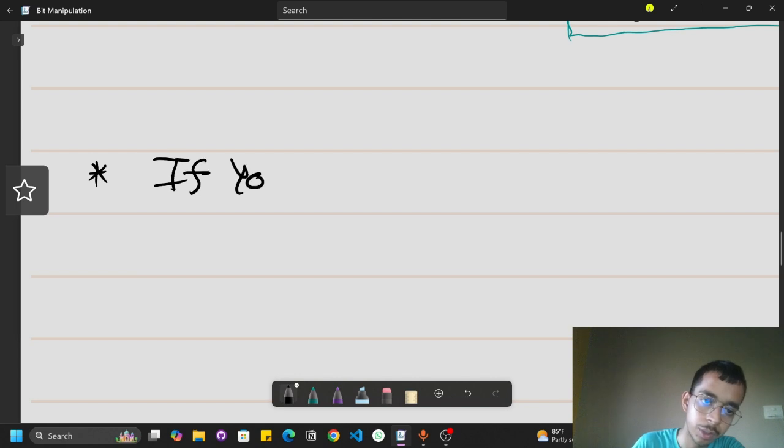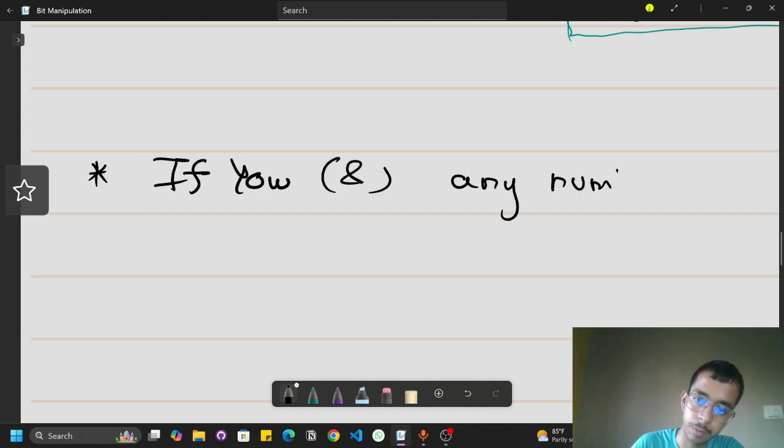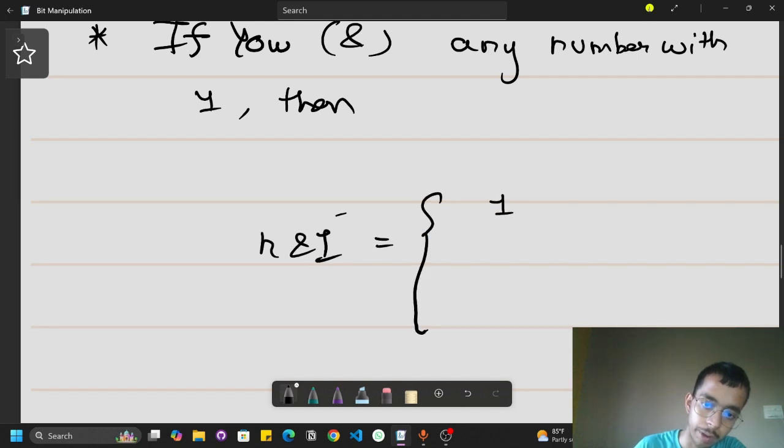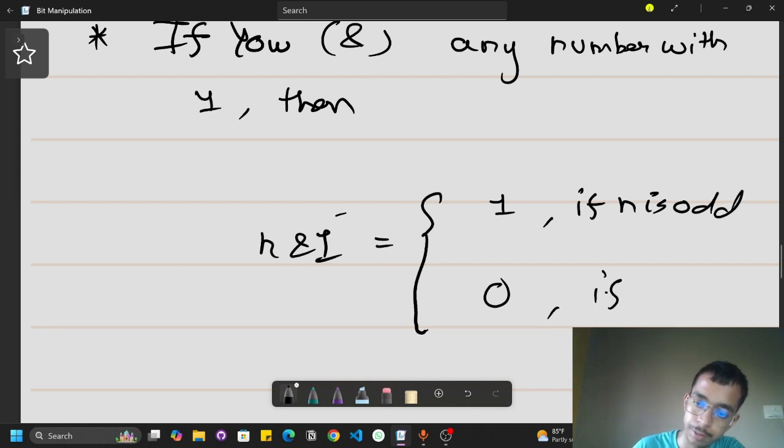And this is the property that if you AND any number with 1, then n AND 1 is equal to 1 if n is odd, and 0 if n is even.